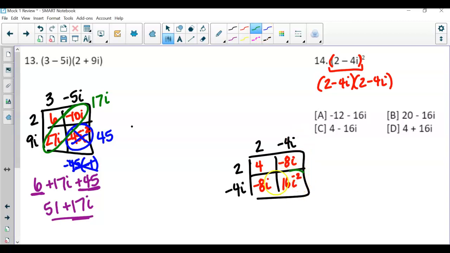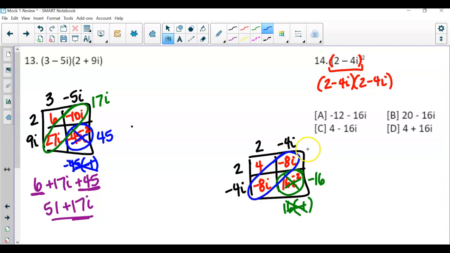Then again here, right, we have i squared. i squared is negative 1. 16 times negative 1 is now negative 16. So we're going to replace that last value with negative 16. Then we have our like terms here, our two imaginary parts. Negative 8 plus negative 8 is not 0, right?